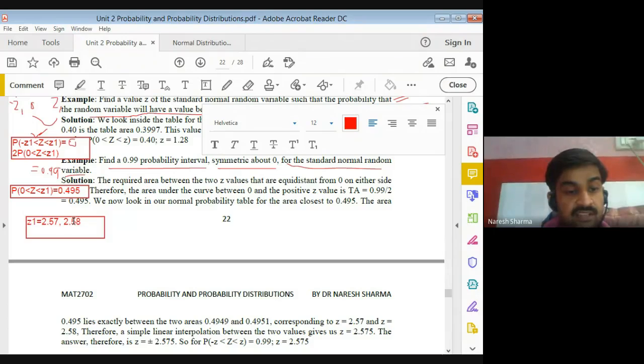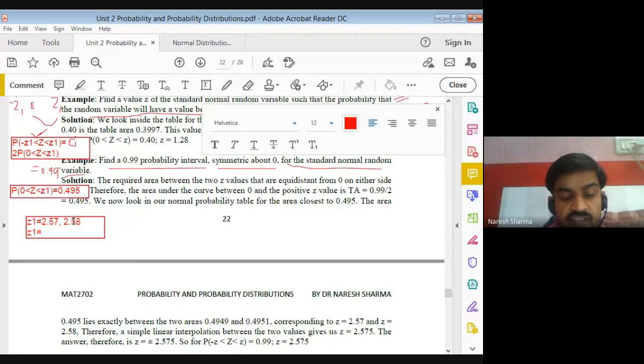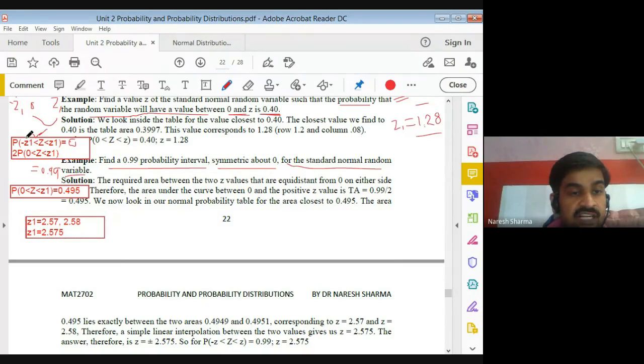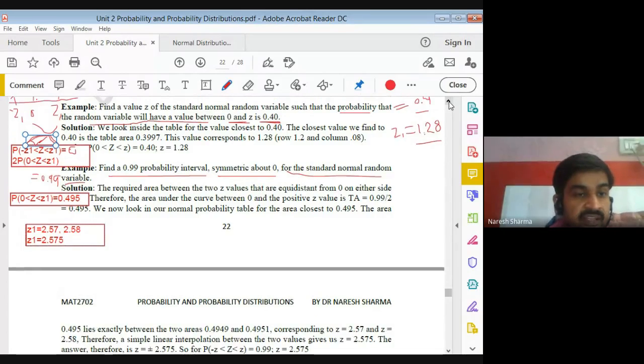We may take the average of these two for the final value, or you may choose any of them, it is the same thing. So the average of these two is 2.575. This is the value of z, and our interval lies between minus z and z. Our starting probability 0.99 lies in an interval from minus z to plus z, as we already saw, right?